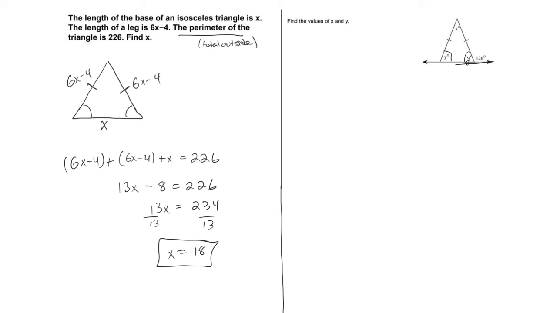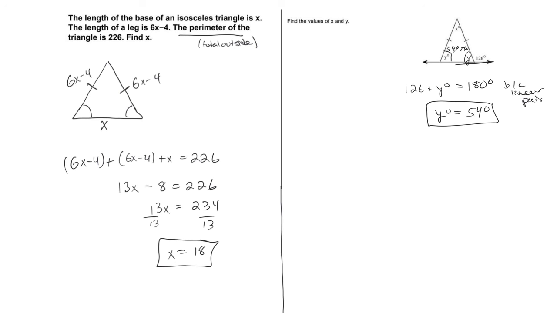So we have 126 plus angle y degrees equals 180 degrees because they're a linear pair. Right, so y is equal to 180 minus 126, which is equal to 54 degrees. Right, so these are both 54.